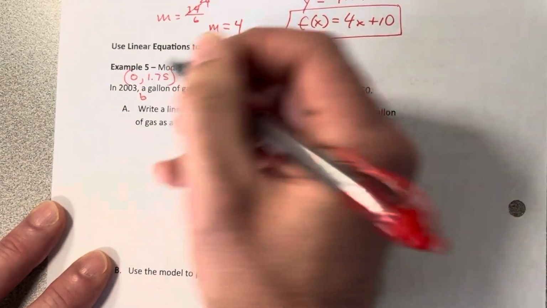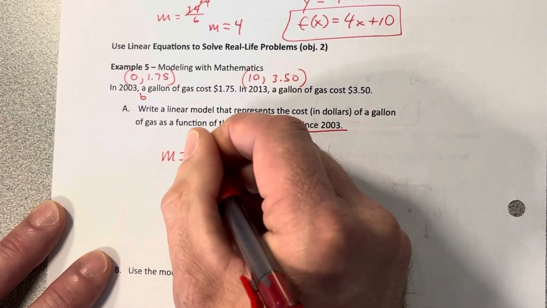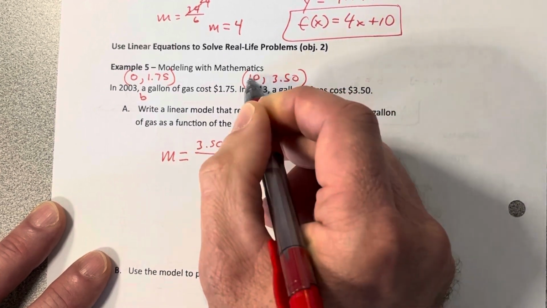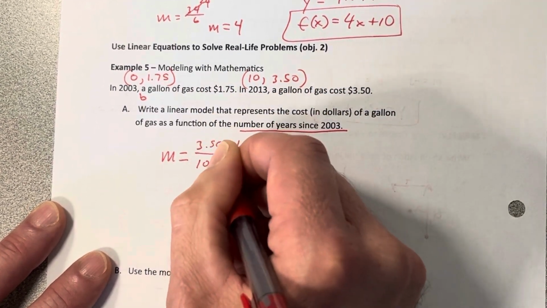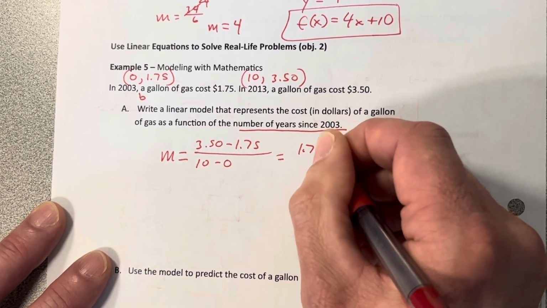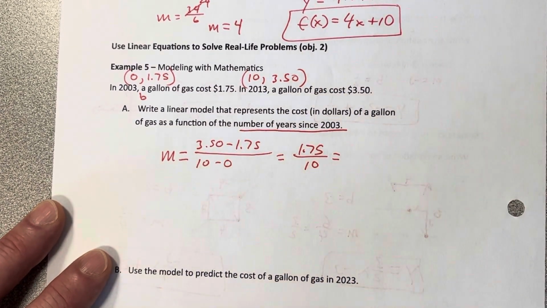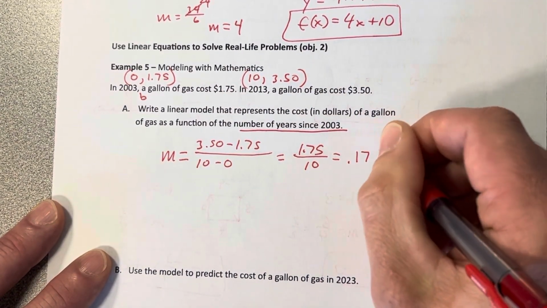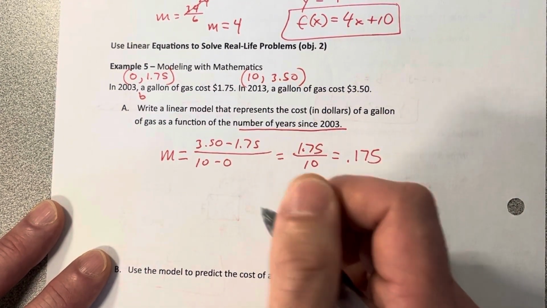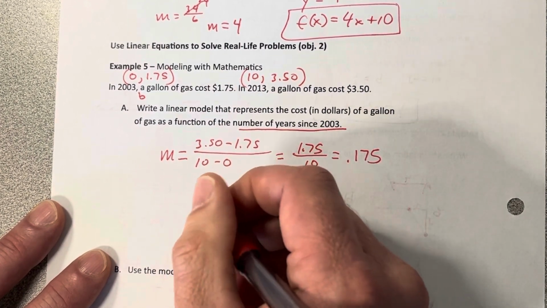Well, class, what we can do is we've got our y-intercept. That's cool. There's our b right there. We just need to calculate the slope. Subtract the y's on top. Subtract the x's on the bottom using the same order that you did for the y's. And because we have decimals, I'll go ahead and get a decimal answer here of 0.175. So our equation is, I'll just call it cost.